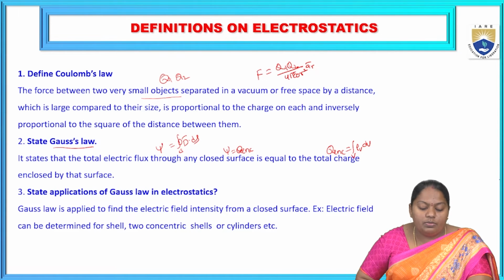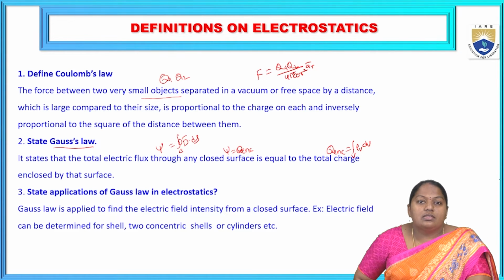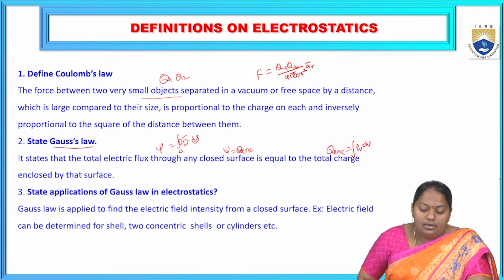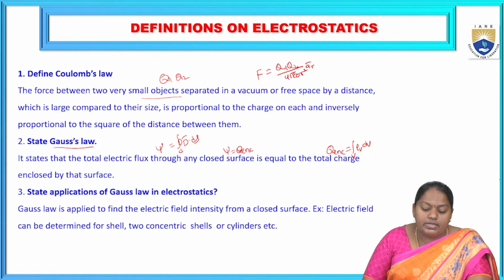So, according to the statement, the total electric flux psi passing through any closed surface is equal to the total charge enclosed by that surface. Psi is equal to Q enclosed, where psi is the integral over S of D dot dS and Q enclosed is the integral over V of rho V dV.